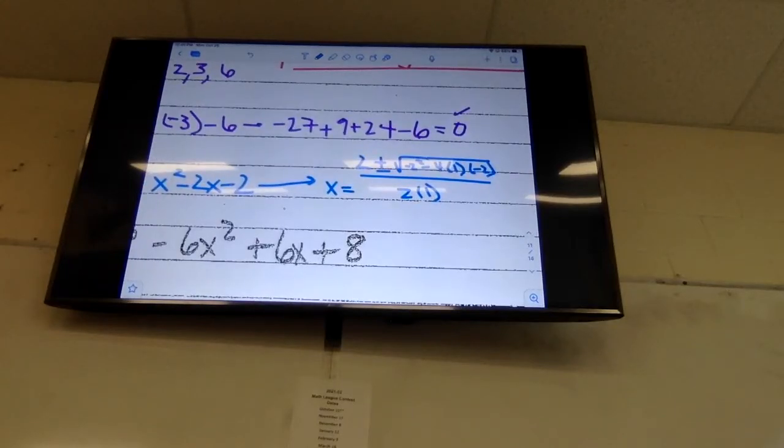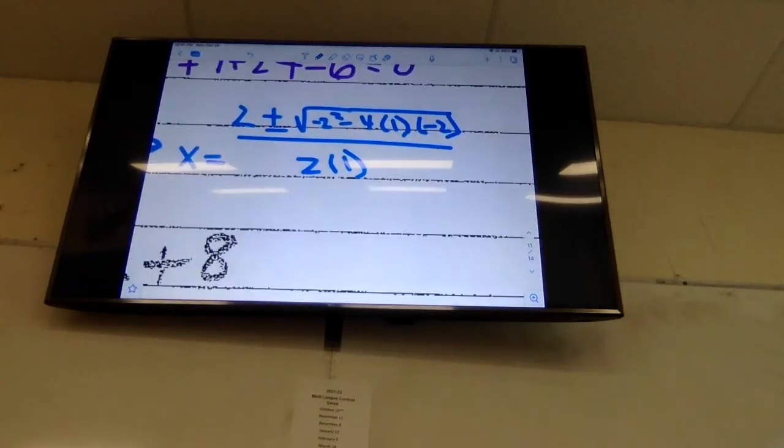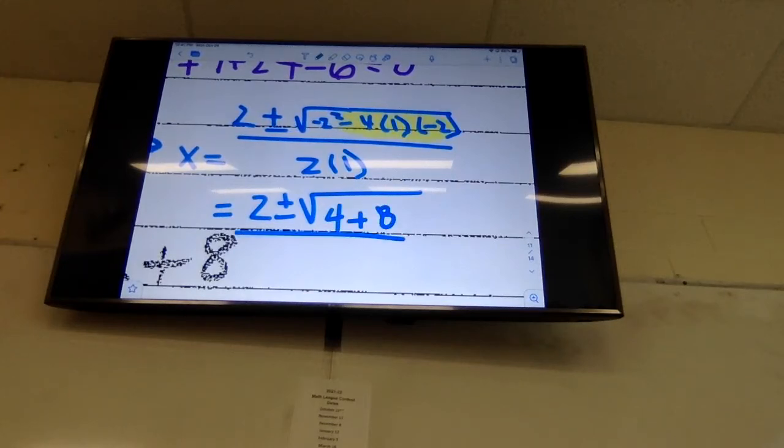Everybody okay with what I've done so far? Okay. So I get 2 plus or minus, that becomes 4. And then negative 4 times 1 times negative 2 is going to be positive 8, all over 2. Which is going to be 2 plus or minus root 12 over 2.